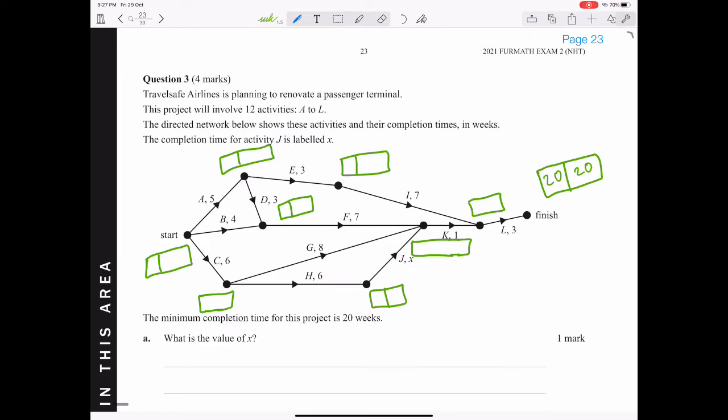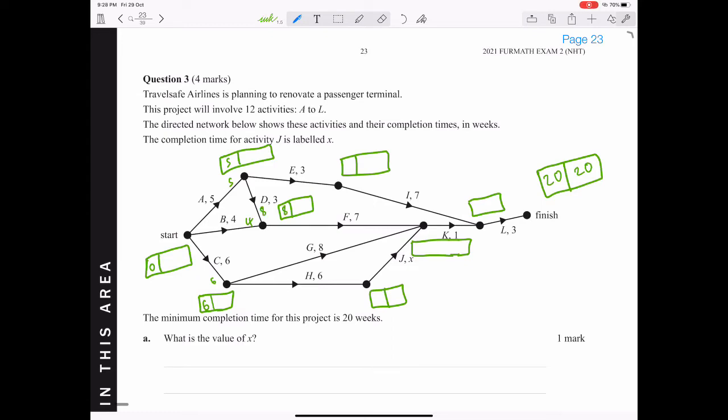To determine the value of X, we need to complete the earliest start time of each activity. So if we start at 0, and then 5, 4, 6, 5 goes in there, 6 would go in here. We've got to do 5 plus 3 is 8.